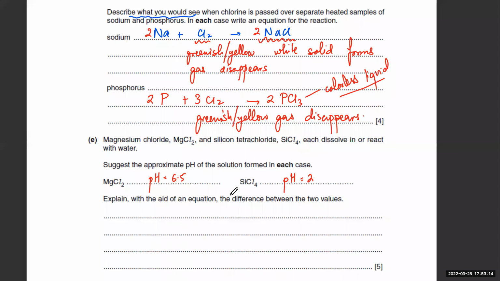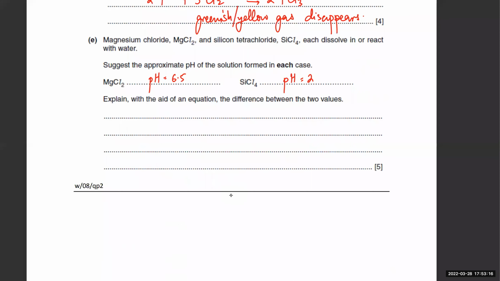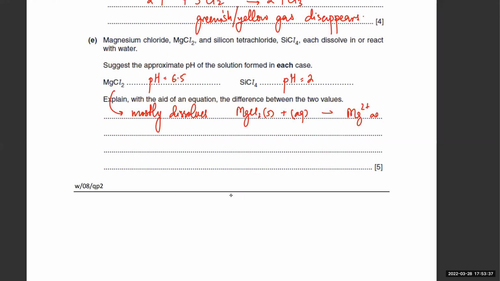So explain with the aid of an equation. So all you have to do is, इसका बताना it mostly dissolves. So what is the equation for something dissolving? That's MgCl2 solid. You mix it in water, aqueous, and it will dissociate into aqueous ions.